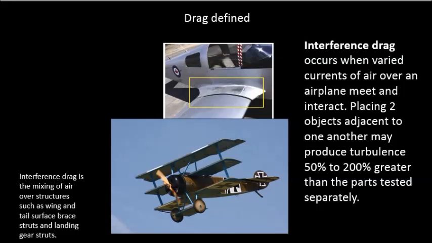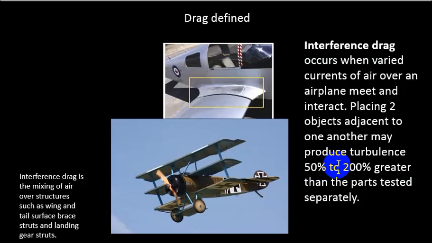Interference drag occurs when varied currents of air over an airplane meet and interact. Just having something out there in the air by itself may not be so bad, but when you actually connect two parts together, like the wings and the struts and the fairings and the landing gear struts, you may have one object there, but when you start connecting stuff, just things joining together can produce turbulence or drag of 50 to 200% greater than any parts tested separately.